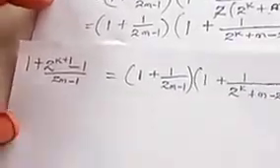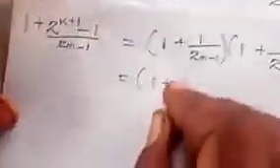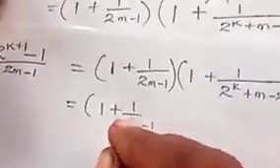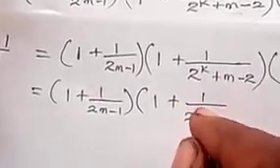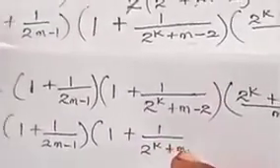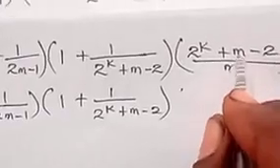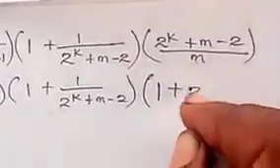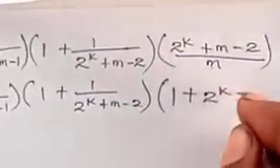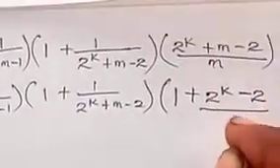So this continues. From here also we can get 1 plus 1 all over 2m minus 1 in brackets, 1 plus 1 all over 2k plus m minus 2. Now m is constant. So we have 1 plus, we take this one and this one, 2k minus 2 all over m.